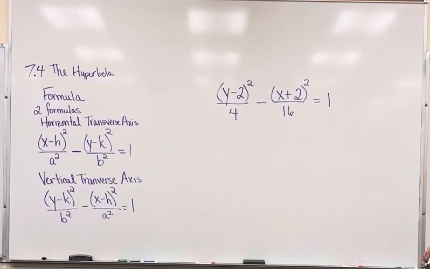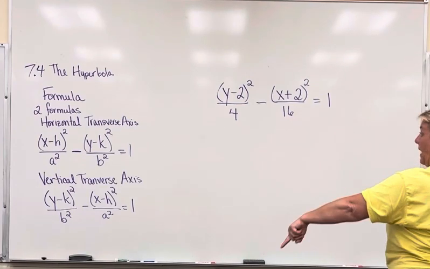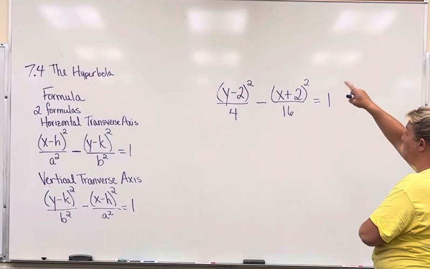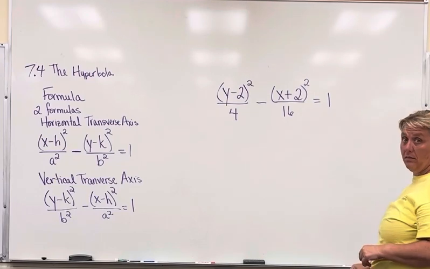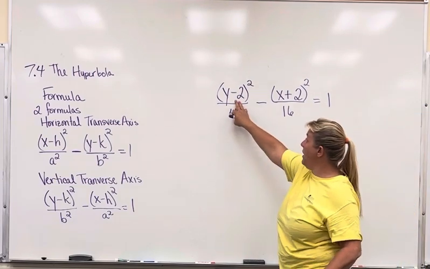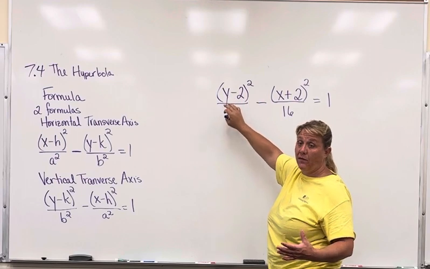Now, is this guy going to open to the side, or is it going to open top and bottom? It's going to open top and bottom because the y is coming first.